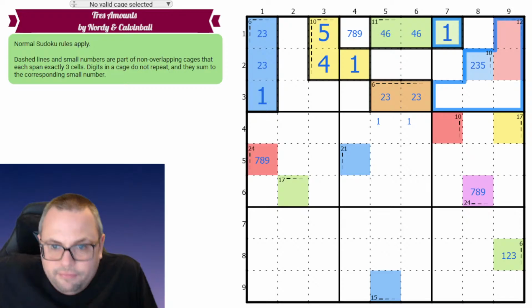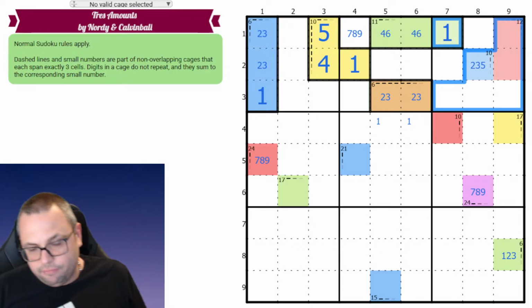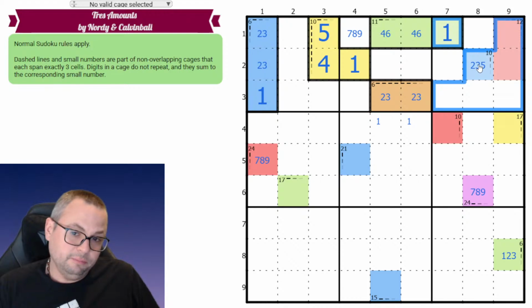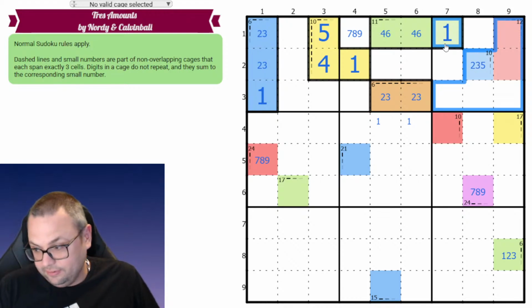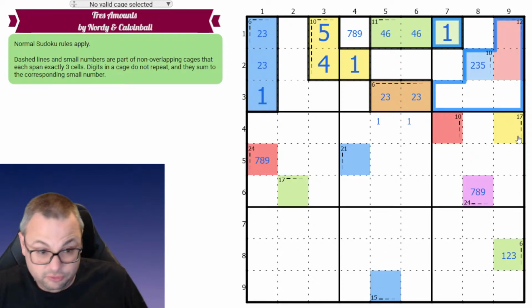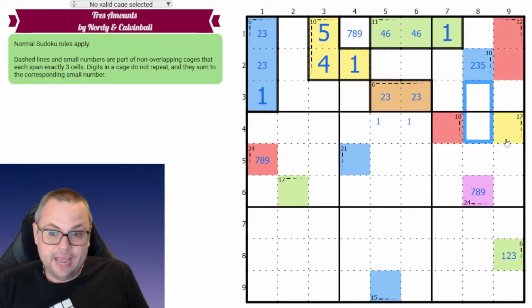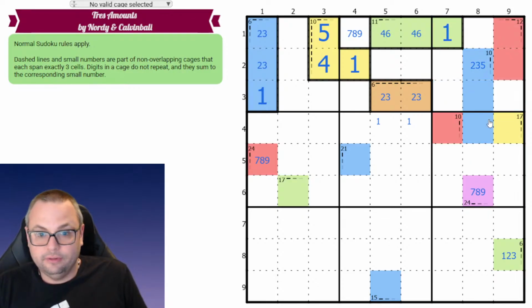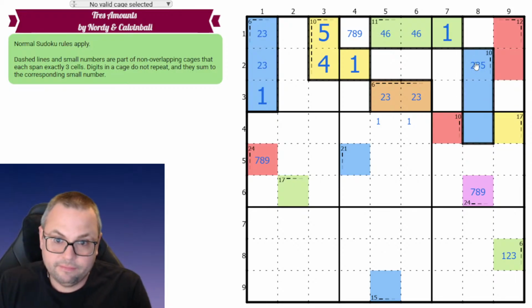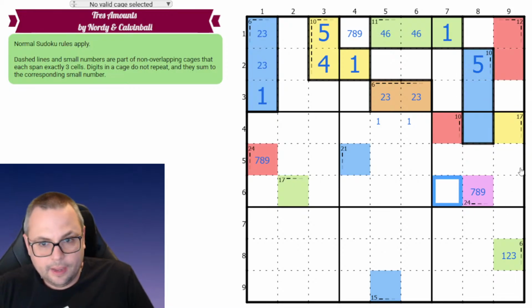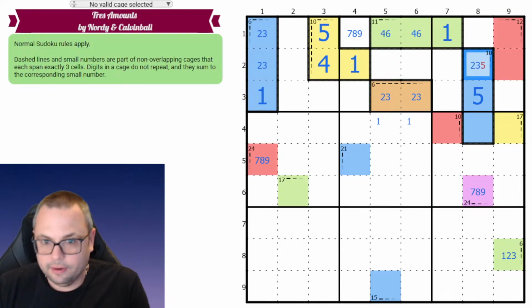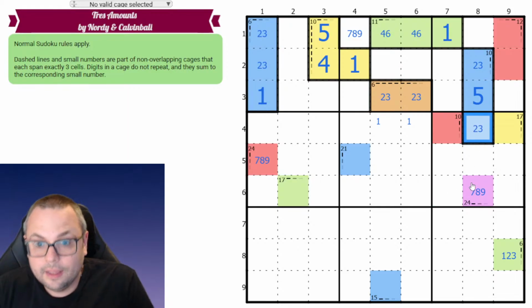So if the blue cage does not leave box 3, then the 3 cells of the red cage, the 3 cells of the blue cage, and this 1, that's 7 cells, summed to only 23, whereas the minimum sum of 7 cells is 28. So the blue has to get out. So in fact, the blue does look like this. And we know where the 5 goes. We know where the 5 goes, Zeta, but it doesn't go there. There we go. How about that?